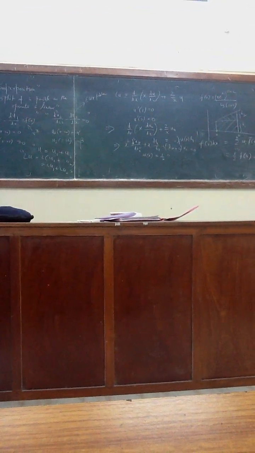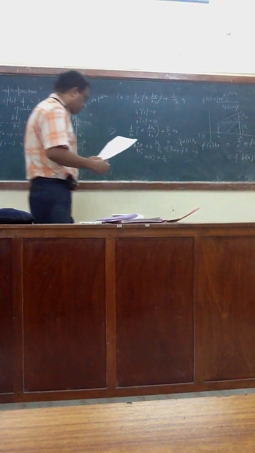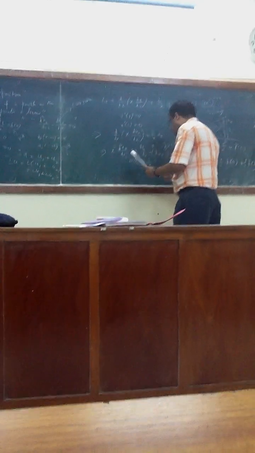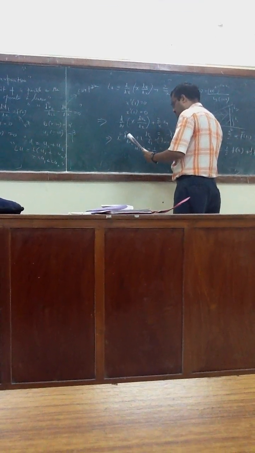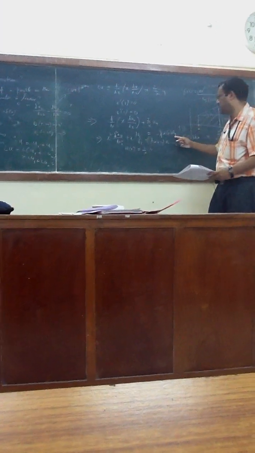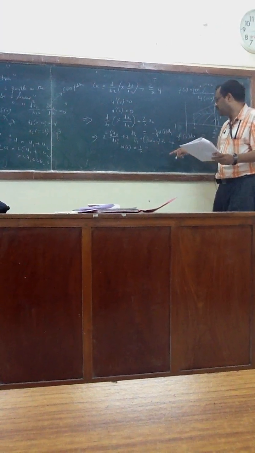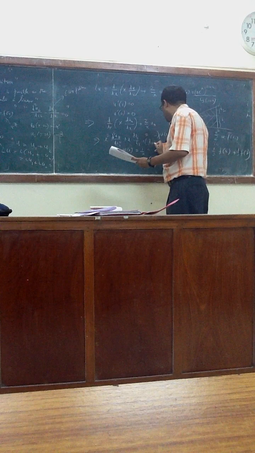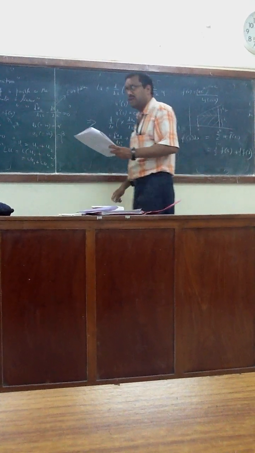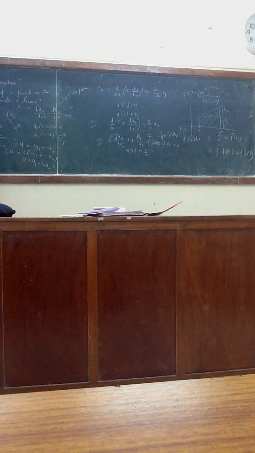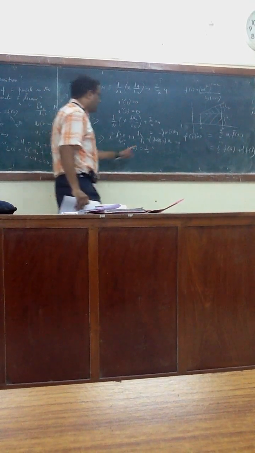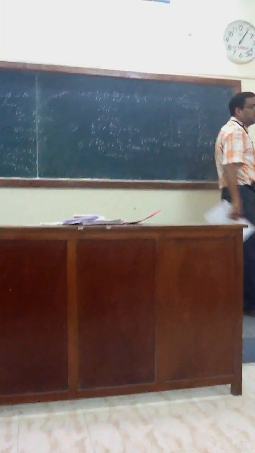If w(x) equals to 1 by x, what actually happens? I think x will be there, right? Check it out. Lambda w(x) into x. It is lambda plus 2, right? w(x) is 1 by x into x is lambda plus 2, right?